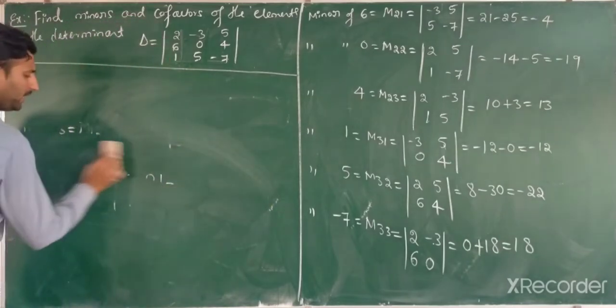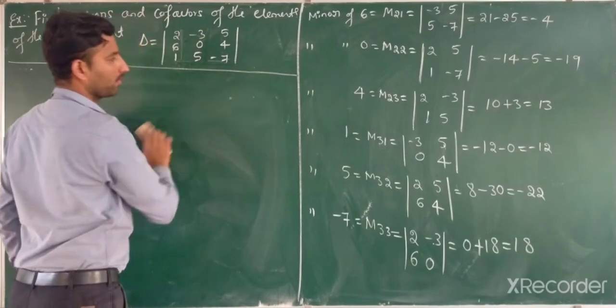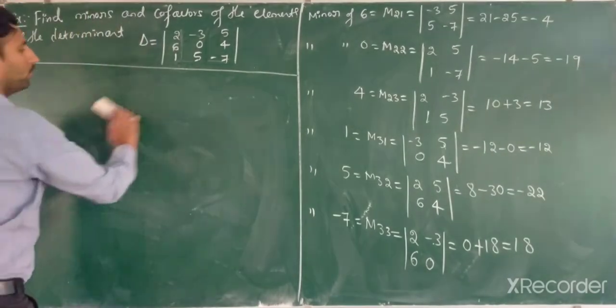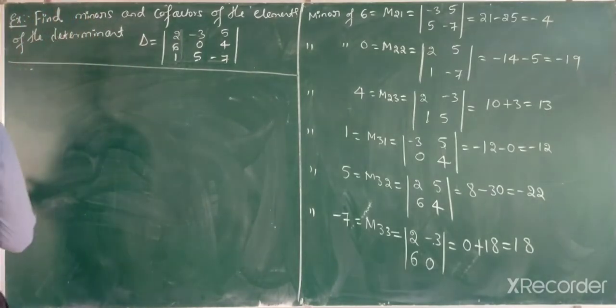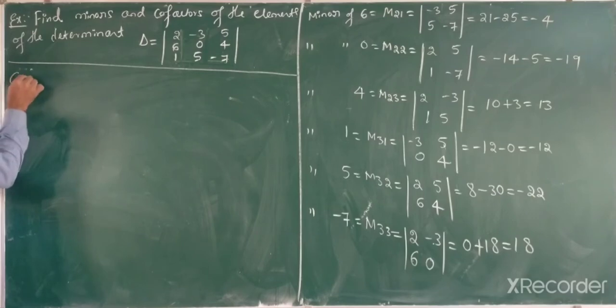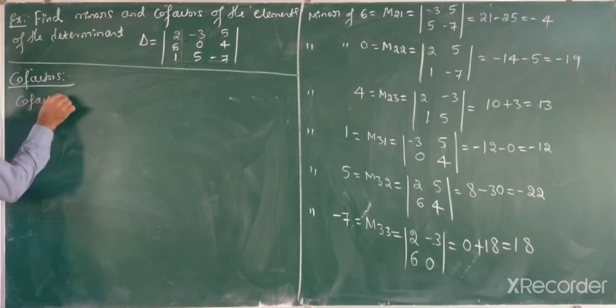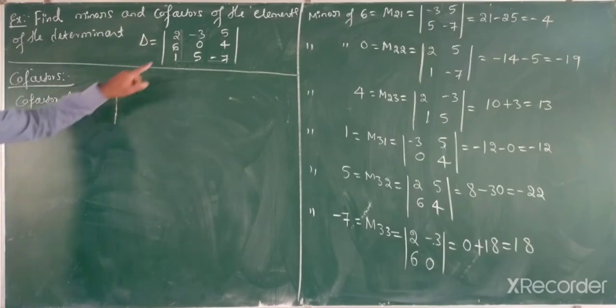Cofactors we have to find out: the minor with suitable sign. Now we have to find out cofactors. Cofactor of 2 is equal to plus with the minor.